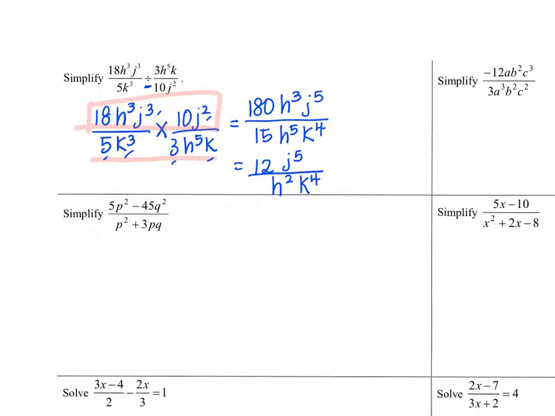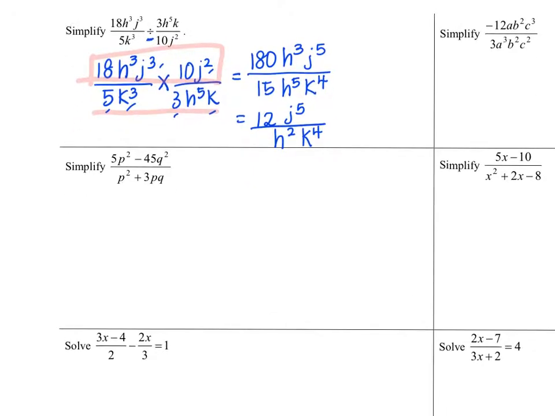Next type. Now to look at this type of fraction, when they ask us to simplify, we cannot cancel out anything if it's not in the form of a factor. So the first step is to do factorization. Let us check 5 and 45. Is there a common factor? Yes, there's a common factor of the number 5.